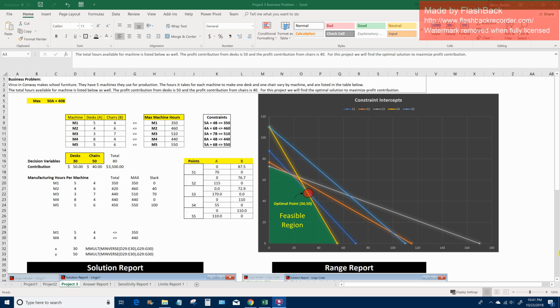Aside from having different machine hours and different rates for making desks and chairs, they also have different contribution margins, and that is what our max formula up here represents.